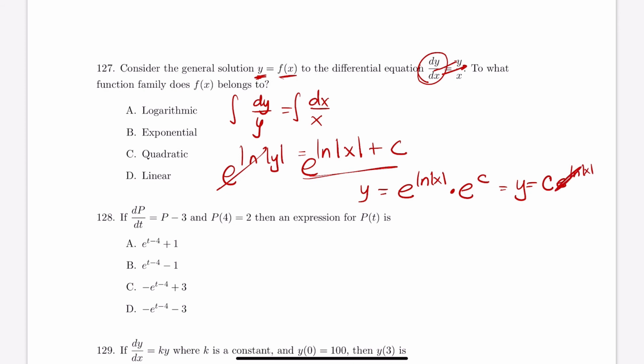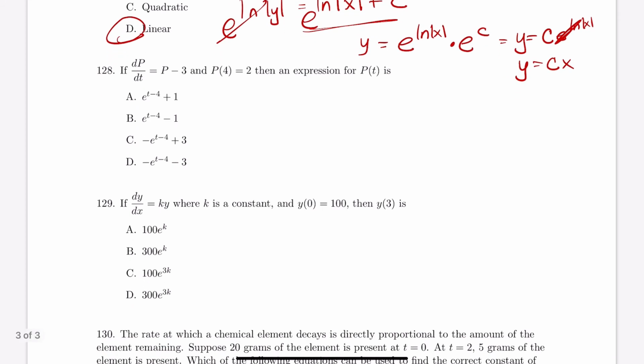And then that cancels out. So it's almost like saying y is equal to cx, right? And that to me looks like a linear function. That's like saying y equals 2x. It's a linear function.